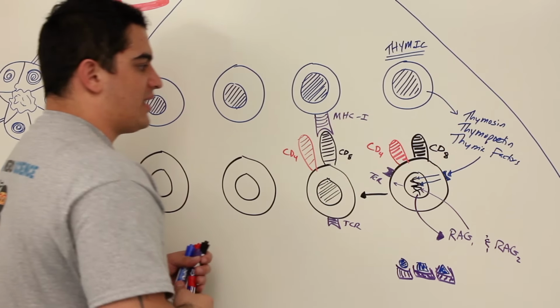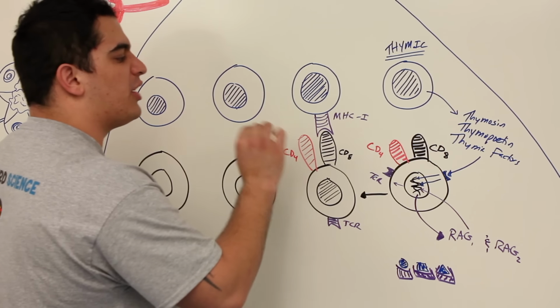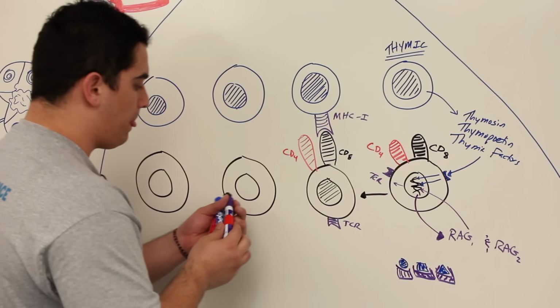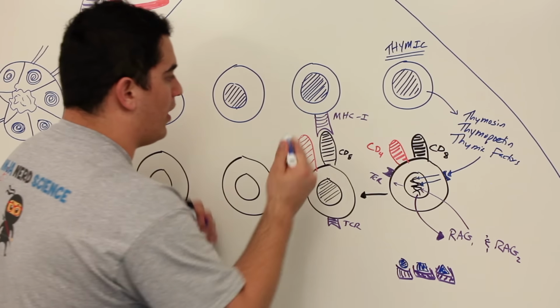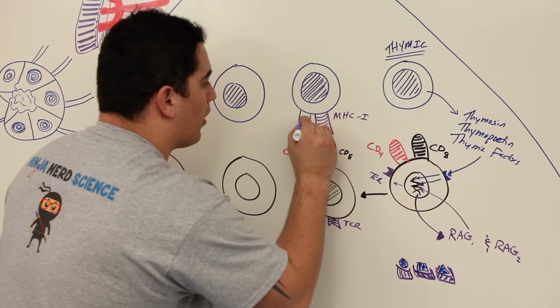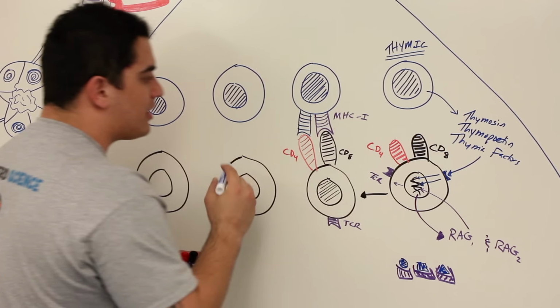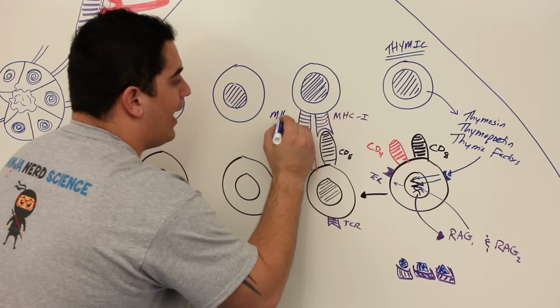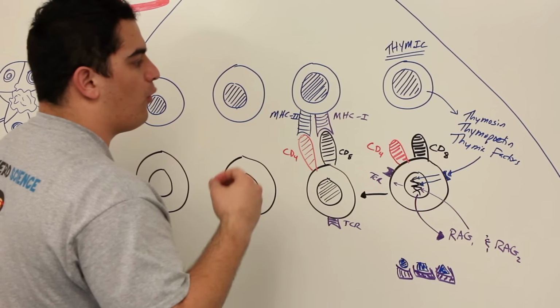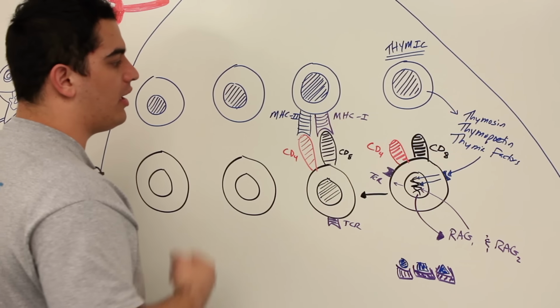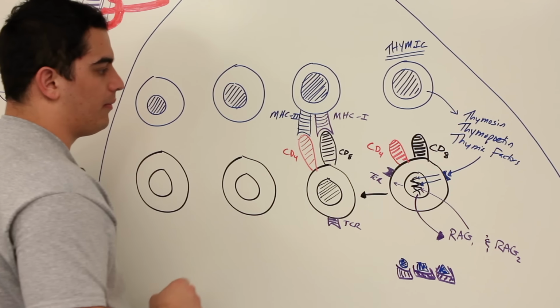It's a good binding. It's not too strong, but it's just the right type of binding, right? Then CD4 comes and perfectly bonds with CD4, and this molecule is called MHC2. MHC stands for major histocompatibility complex, type 1 and type 2.